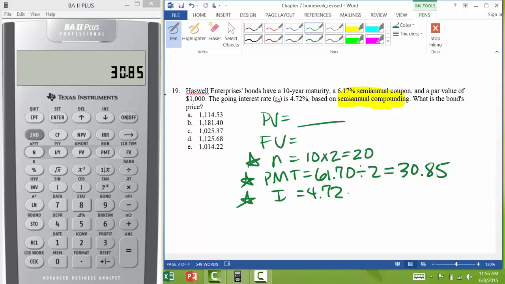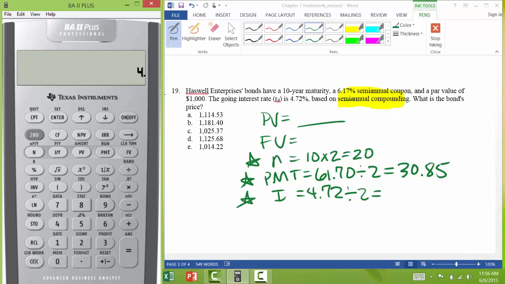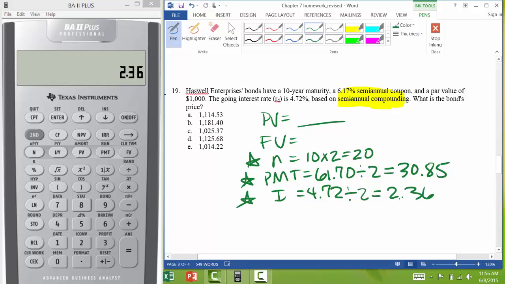So they mean what they said, which is divide this by 2. Okay, so 4.72 divided by 2. So we're going to have to put down 2.36% as the rate. And the future value is going to be 1,000.